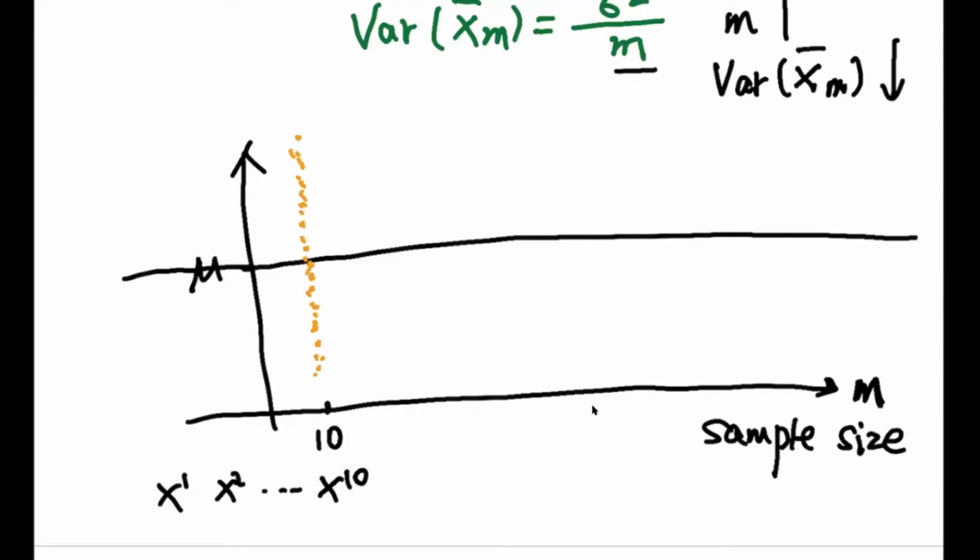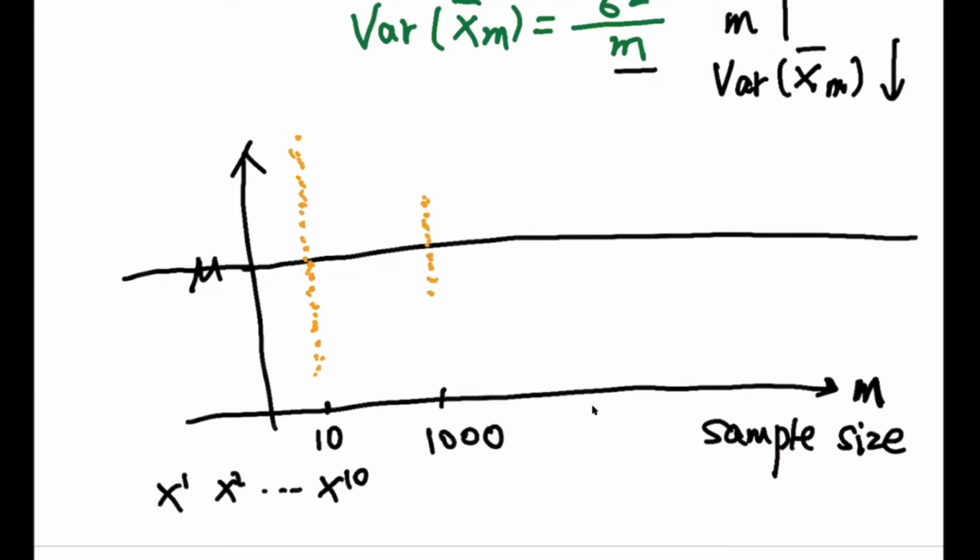And then I use a different sample size. Say I'll use 100 or 1,000. And then I'll get another series of sample means, which will also be fluctuating around mu. It may look like this.